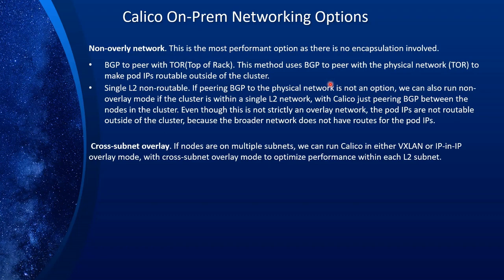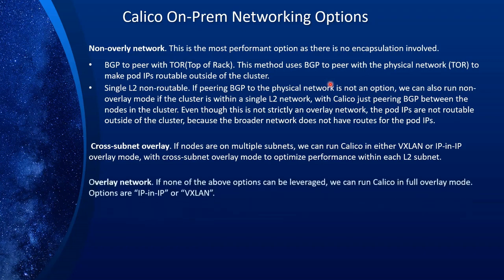However, if one pod is calling a service on a different node, which is on a different subnet, then you can configure Calico to use either IP in IP or VXLAN as we cross the boundary. So that's a really good option to get the best of both worlds. One is you get the benefit of no overlay if you're on the same L2 network, and also it provides overlay for the situations where we are crossing the subnet.